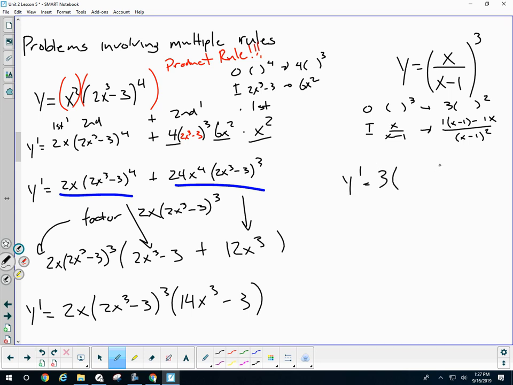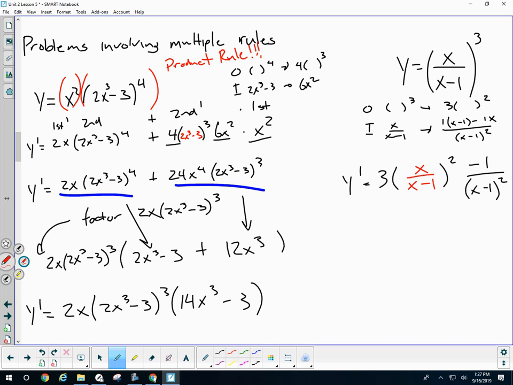Derivative of the outside, leave the inside alone, times the derivative of the inside. Okay, great. This is correct.